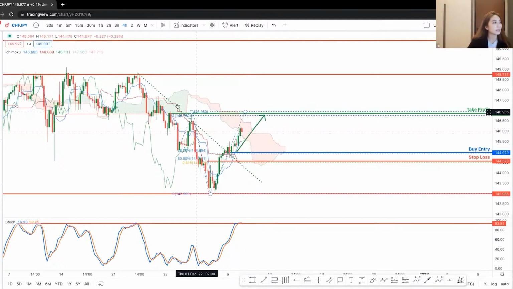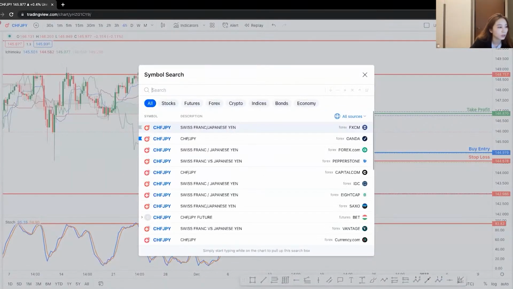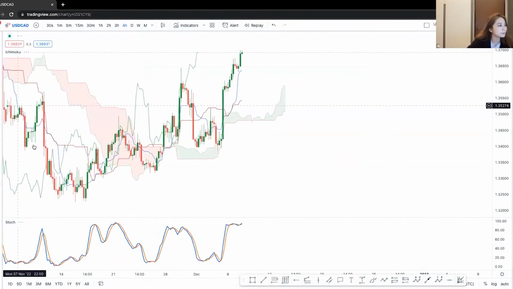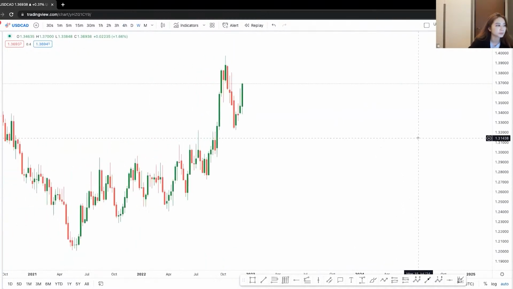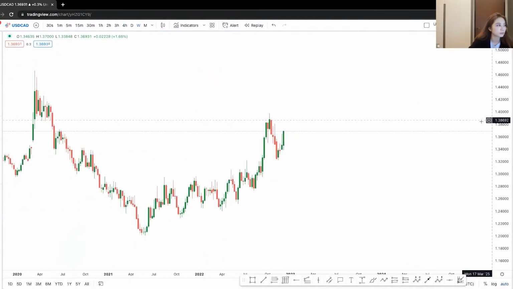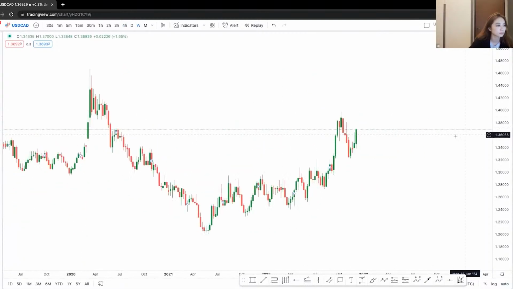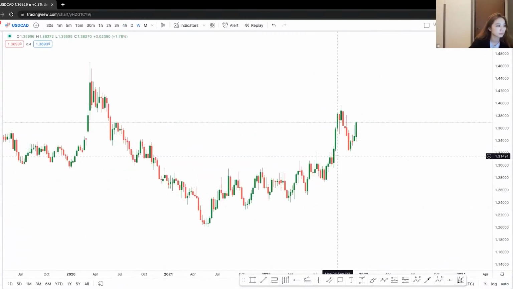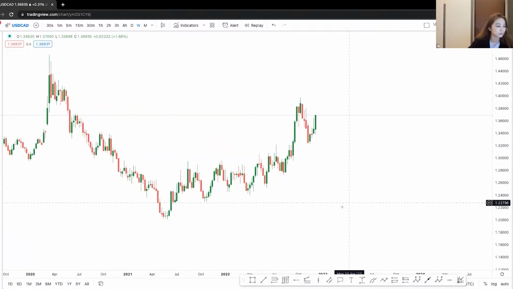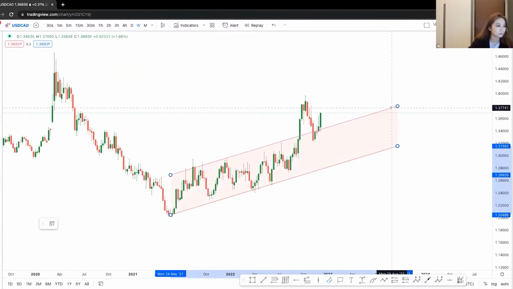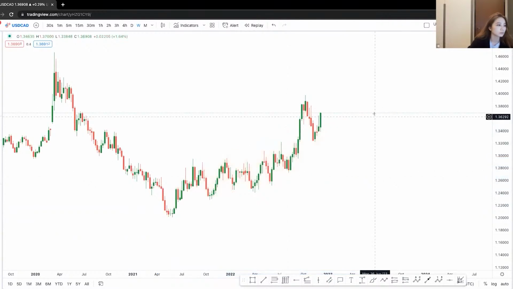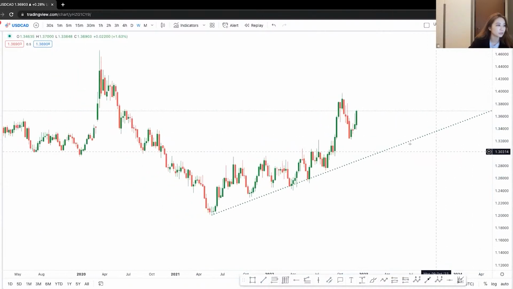Okay, let's look at another pair. Dollar CAD it is. No particular channel or anything, but there is an upward moving slope.